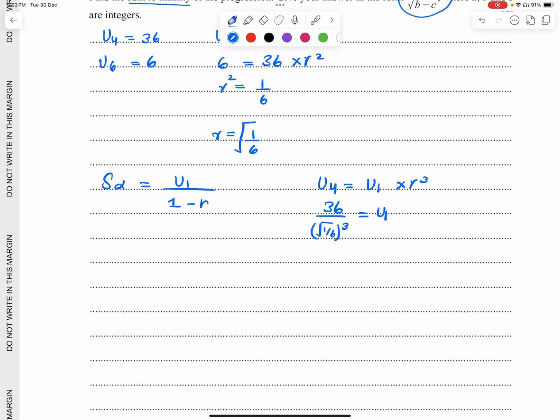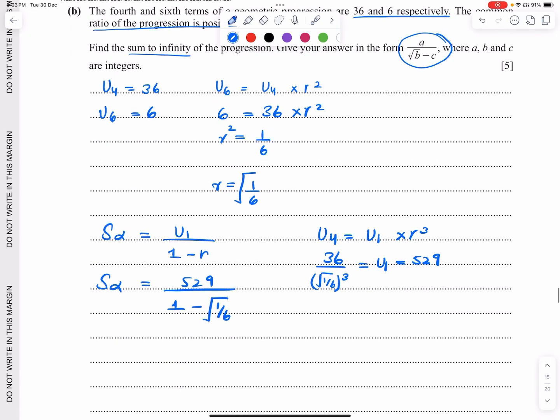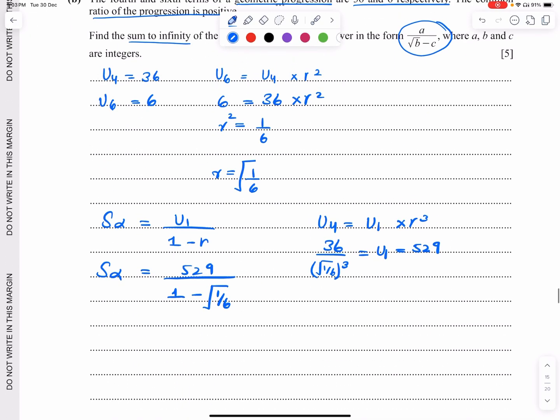This is going to give me 529. Now I can input it into this formula: 529 over 1 minus the square root of 1/6. Actually, this is the form in which they wanted the answer, so you can just leave it here.